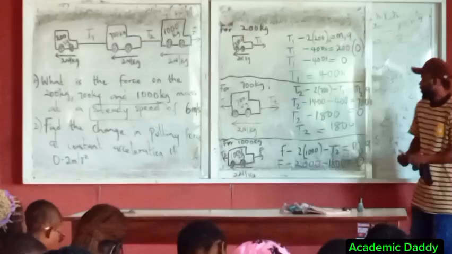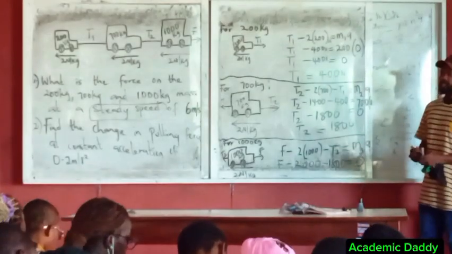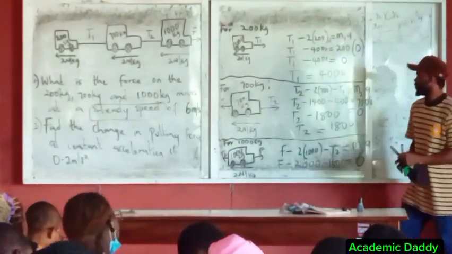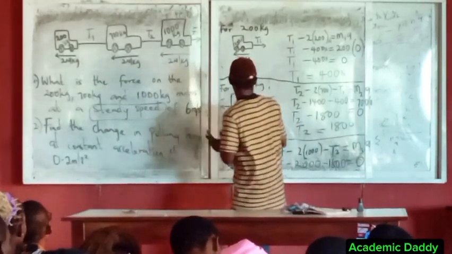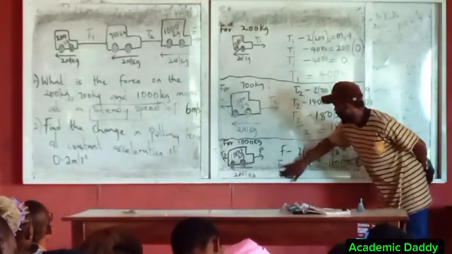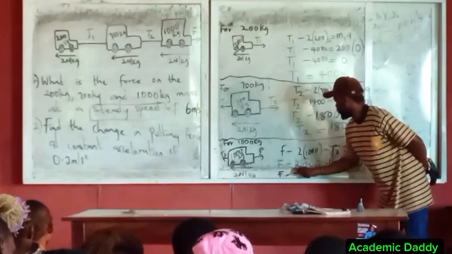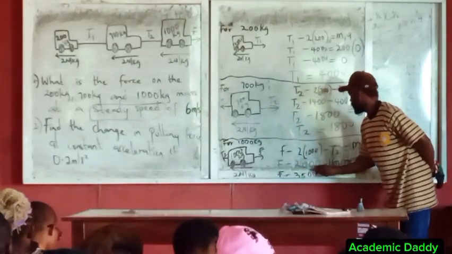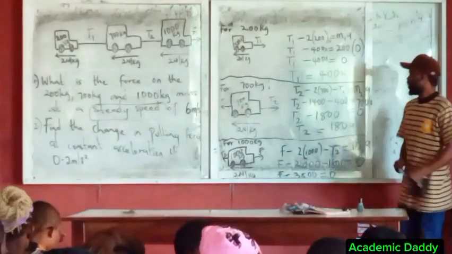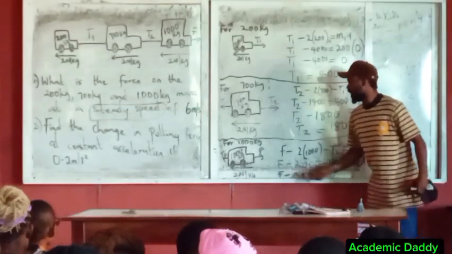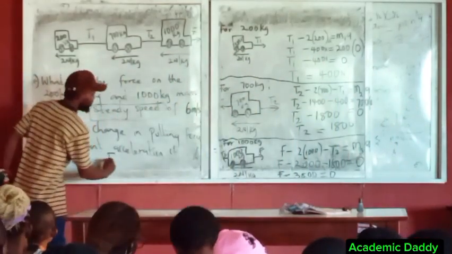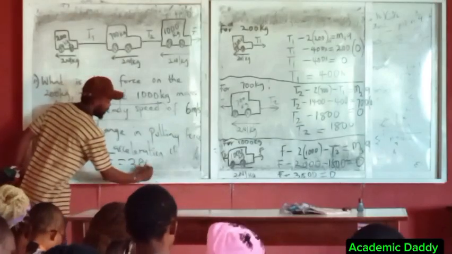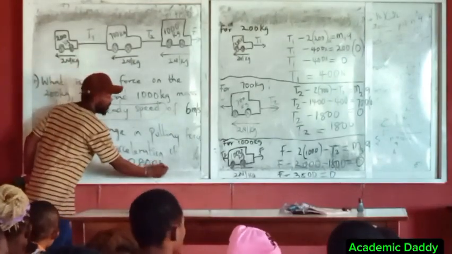So F minus 3800 is equal to 0, which means that F equals 3800, and it's going to be in Newton.